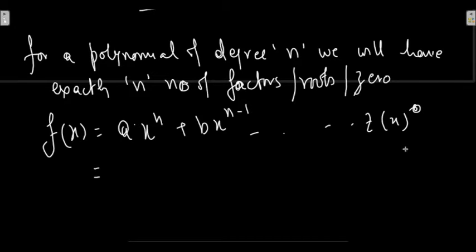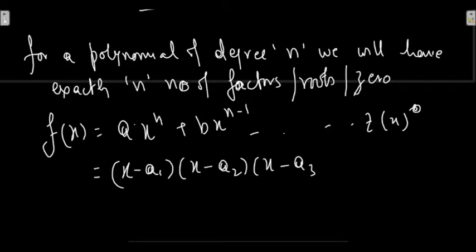We can also write this entire polynomial as multiples of, say, x minus a1, x minus a2 into x minus a3, so on and so forth, into x minus an plus some remainder r.